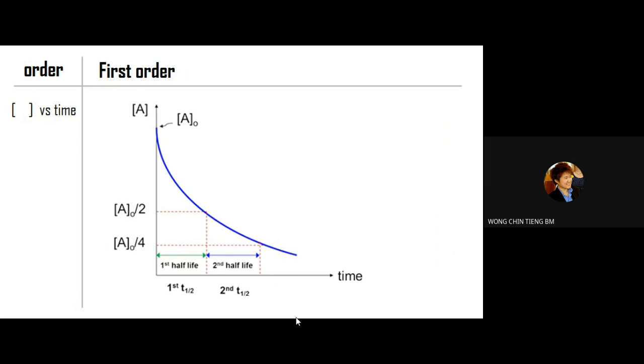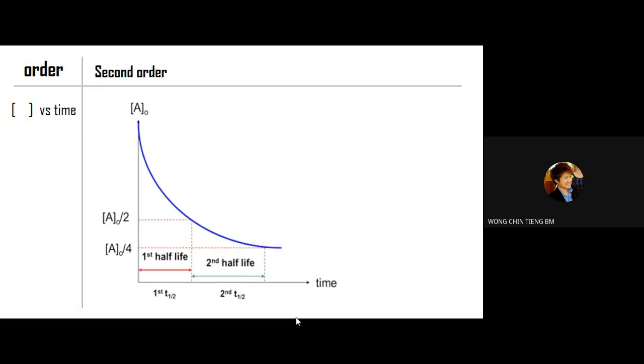Tapi bila kamu plot your graph, when you draw your graph already, sama juga. The initial. Alright, separuh, kamu plot. Separuh lagi kamu plot. Nampak tak? The second half-life is bigger. Almost double, betul? Bila second half-life almost double, second order.